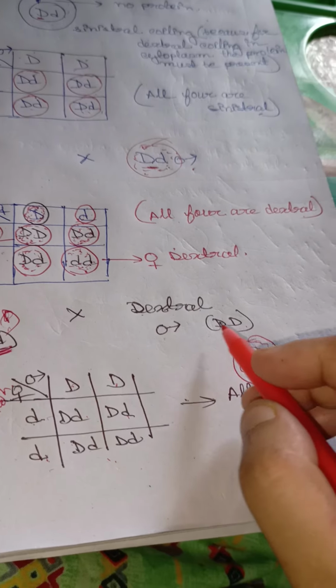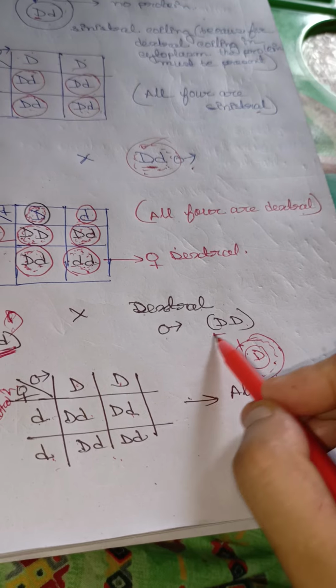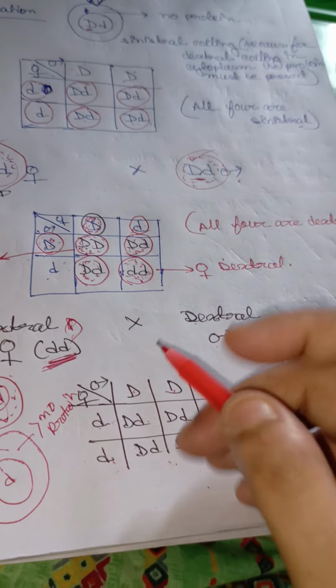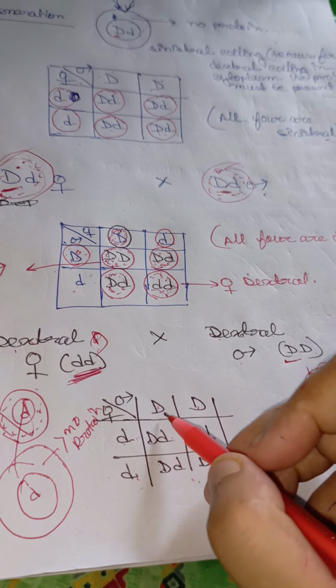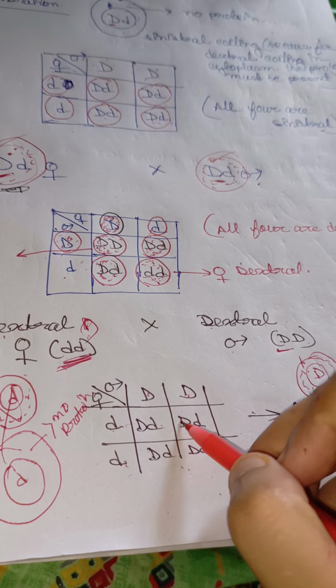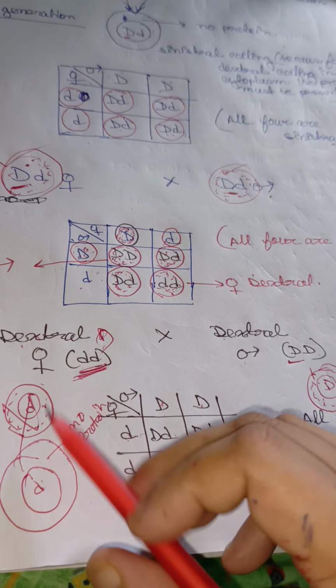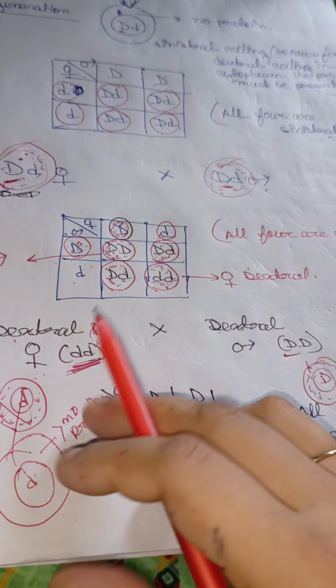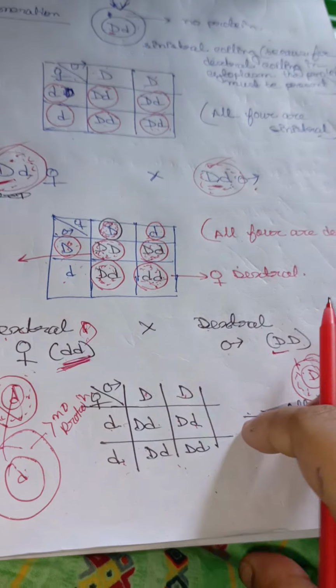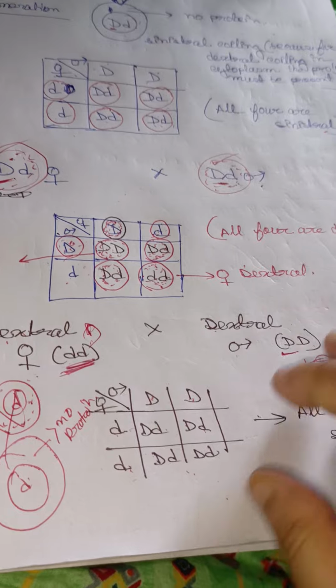Now here in the cytoplasm there will be protein because big D is present. So when it fuses with this D, as I told you, the cytoplasm will come in the offspring from the female, not from the male. I explained that at the beginning.